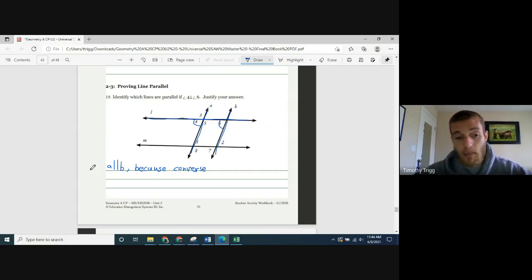So it would be converse of, and then what's the relationship between angle 4 and angle 6? Are they same side interior? Are they alternate interior? Are they corresponding angles? Hopefully you could see that they are in corresponding position, so they're corresponding angles. So converse of corresponding angles.